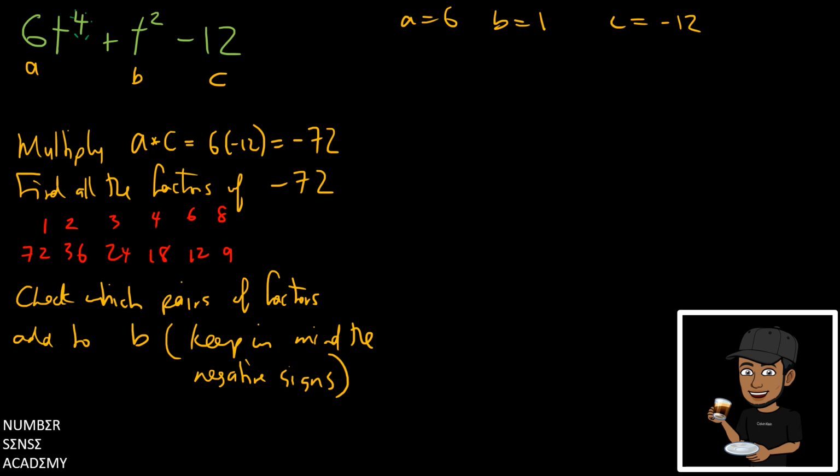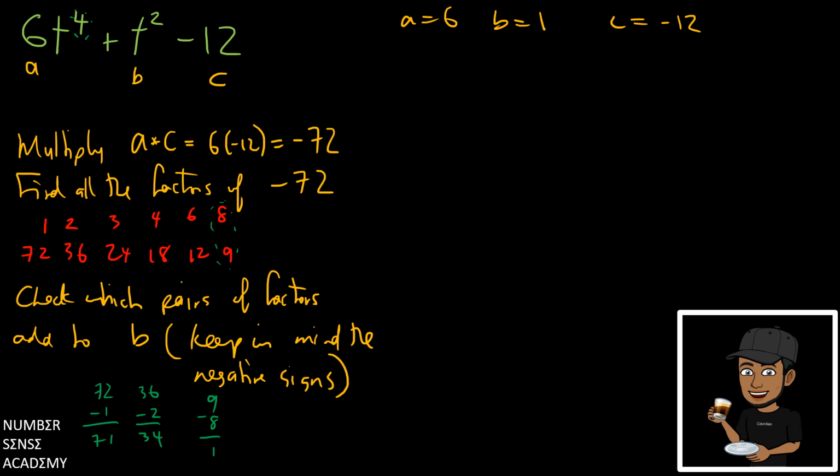But because B is 1, the bigger number has to be positive. Okay? So if I go 72 and minus 1, that's 71. If I have 36 and minus 2, that's 34. So those big numbers aren't working. So clearly the one that gives me the best result, closest to 1, is 9 and 8. 9 minus 8 is 1.